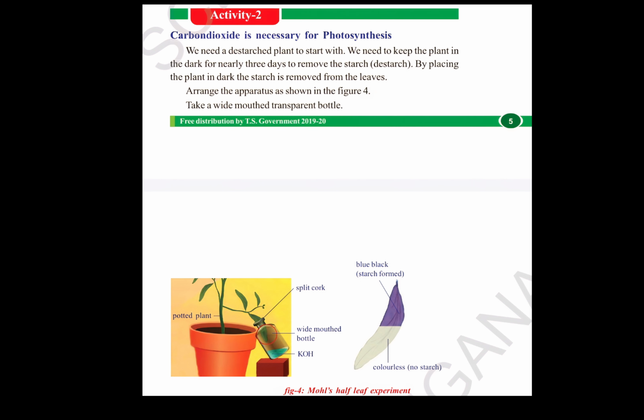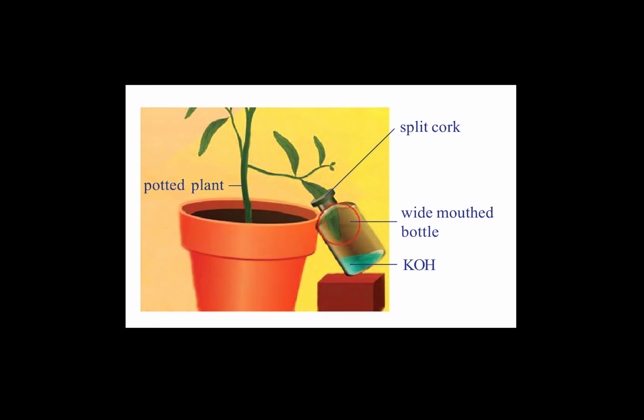Now after 3 days, take a wide mouth transparent bottle and put a few drops of KOH, which is a potassium hydroxide solution, or a few pellets of the potassium hydroxide in that bottle and insert a split cork in the mouth of the bottle. Split cork closes the bottle but it has a gap in between, so we can put a leaf through it.